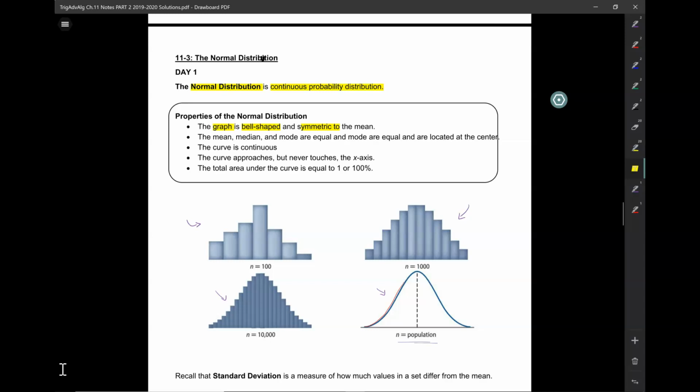In the normal distribution, the mean, the median, and the mode are all equal to each other, and they are all located at the center. So if the mean is 53, so is the median, and so is the mode.